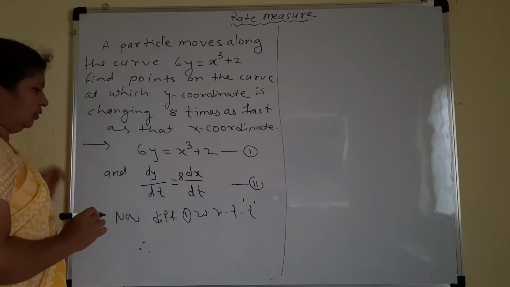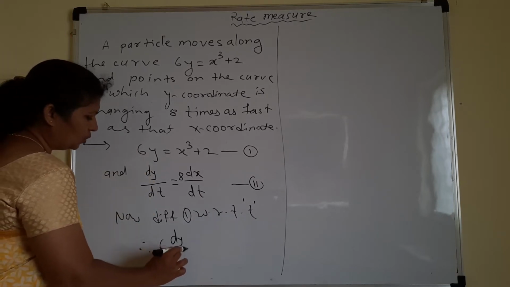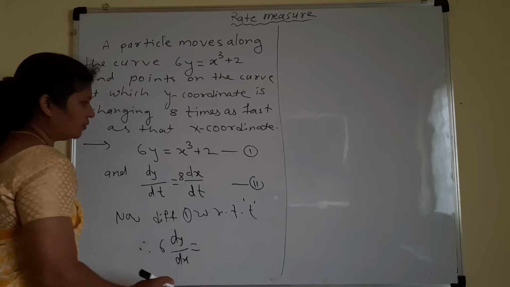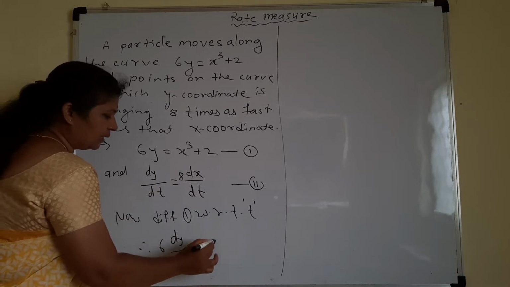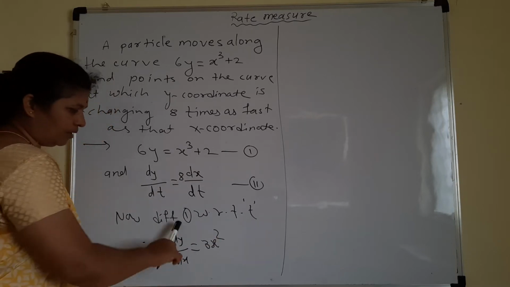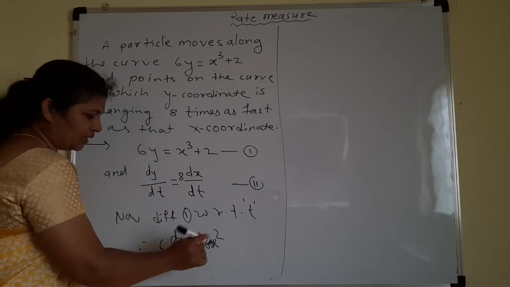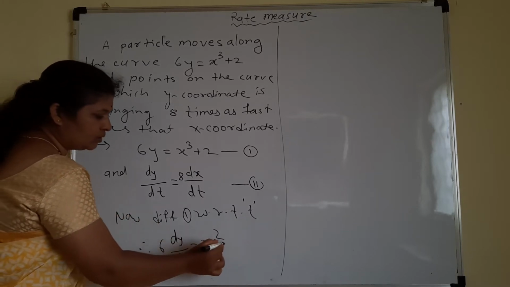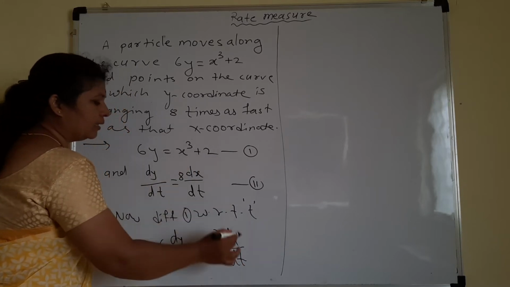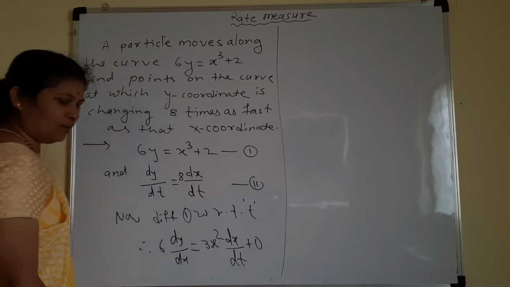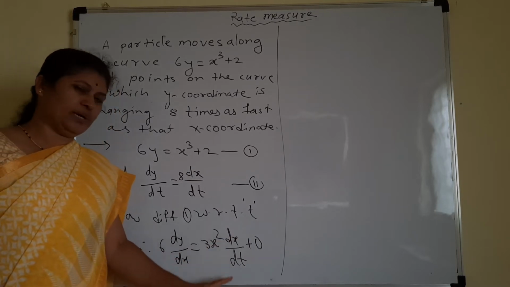Therefore, here it will be 6 into dy by dt is equal to, for x cube, 3 times x square, but we are differentiating with respect to time t, so 3x square into the derivative of x with respect to t, dx by dt. The second term is constant, so its derivative will be 0. So 6 dy by dt is equal to 3 times x square dx by dt.